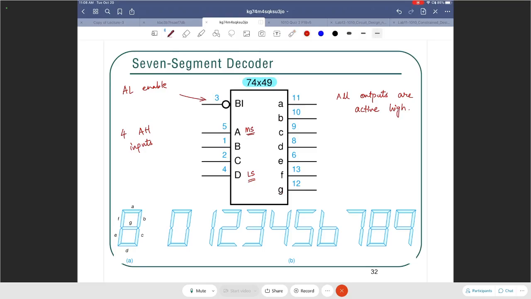So let us do a simple exercise here. Let us say our input is this. We have a 0 there, 0 there, 1 there, 0 there, 0 there. Now the question is, what are my outputs going to be in that case?